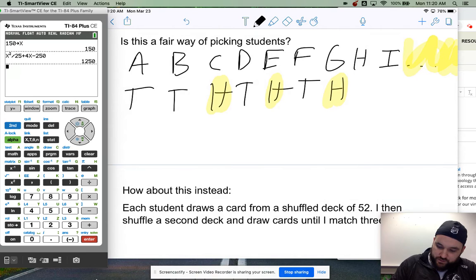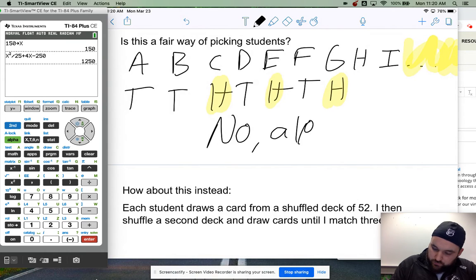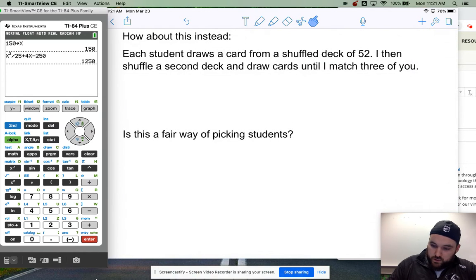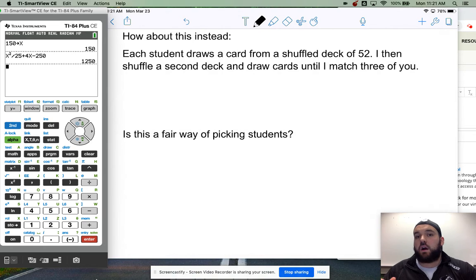We didn't even answer this. No. Alphabetical doesn't work. But if we look at this second example, is it fair that everyone has a random card and then I go ahead and pick cards and whoever matches me then has to do it? Of course.